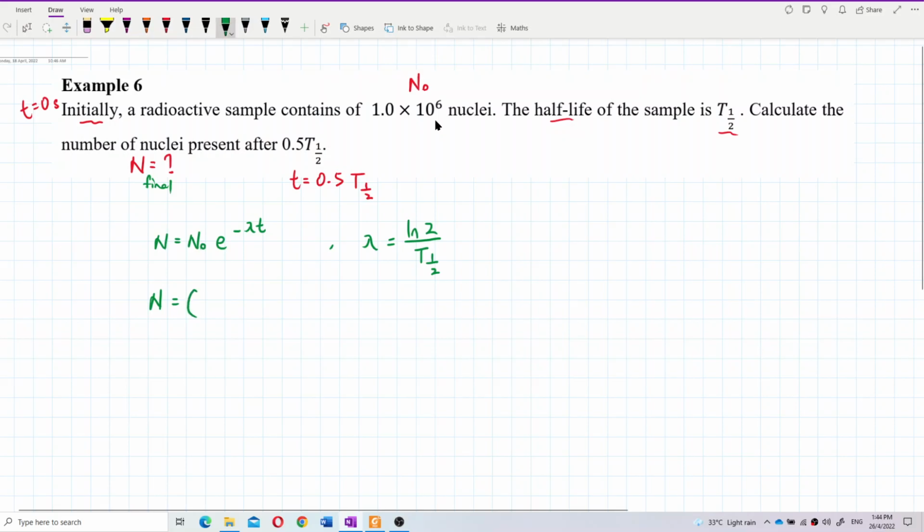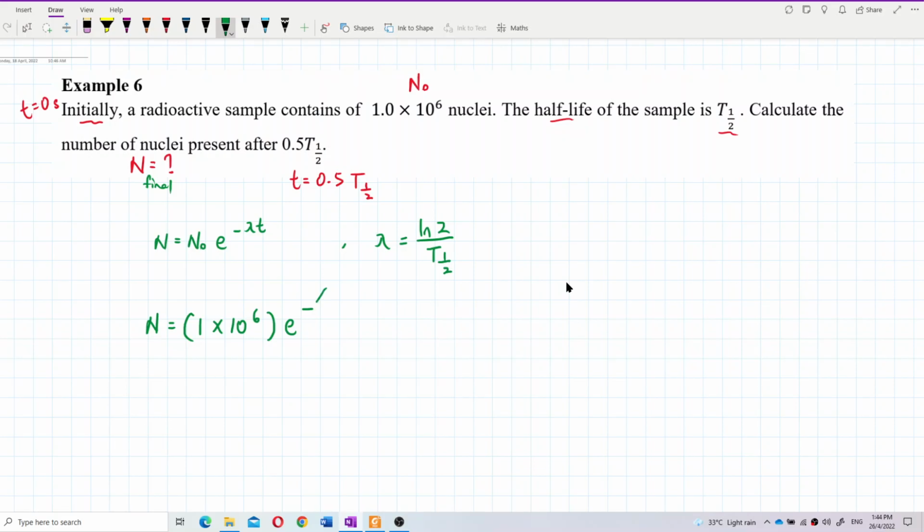The value 1 exponent 6, and then exponent negative. Put it a little bit further down here.